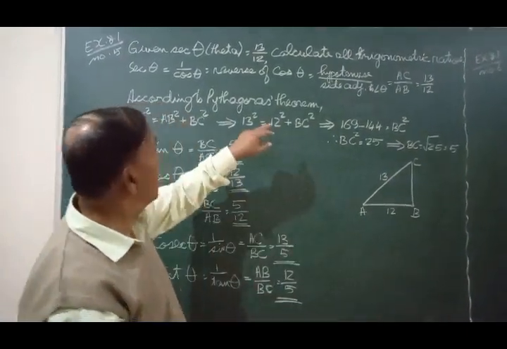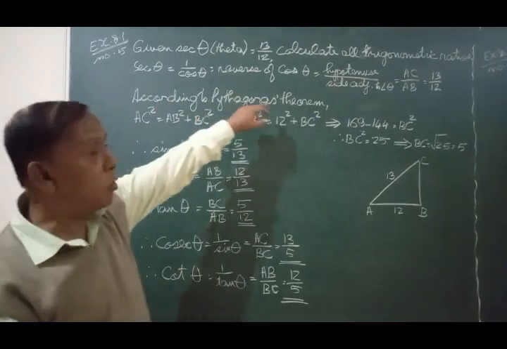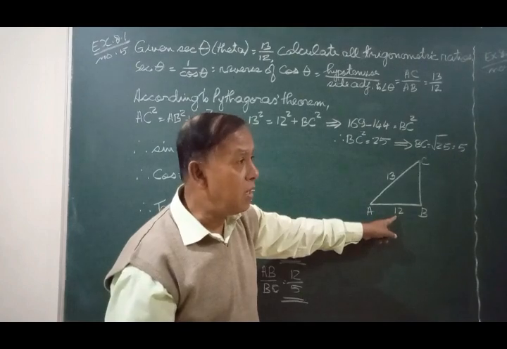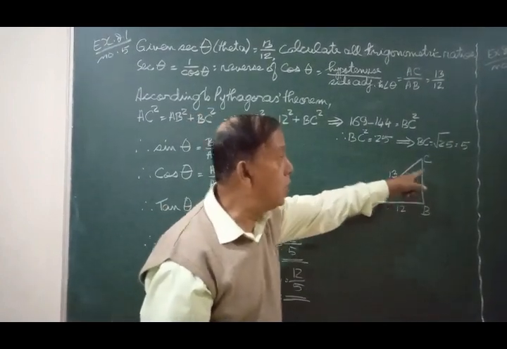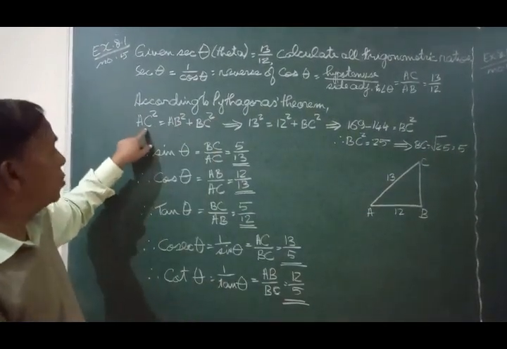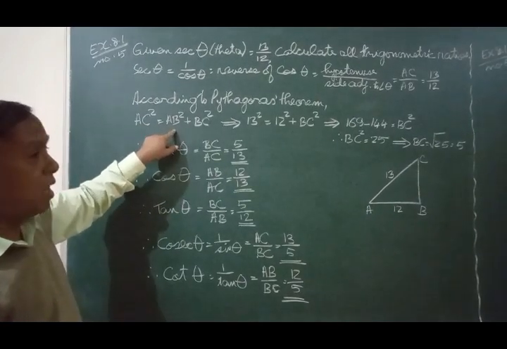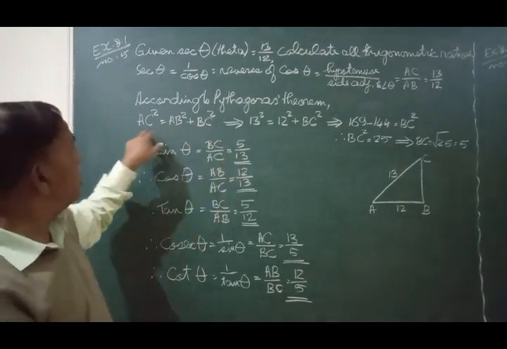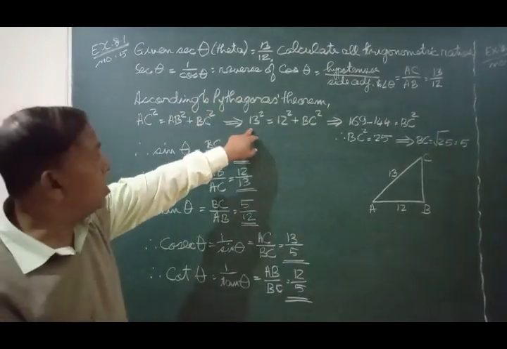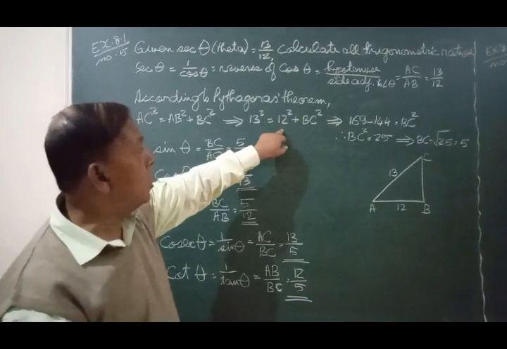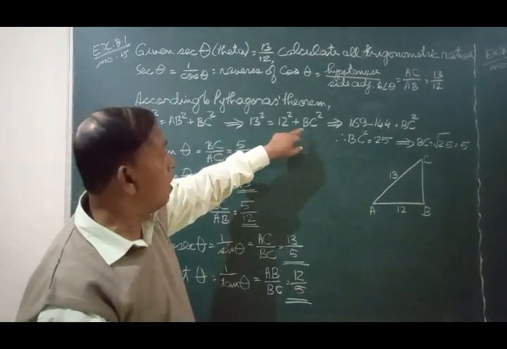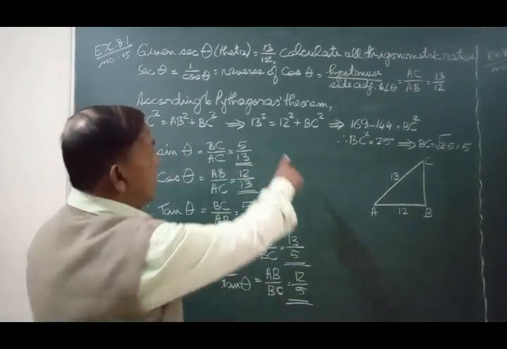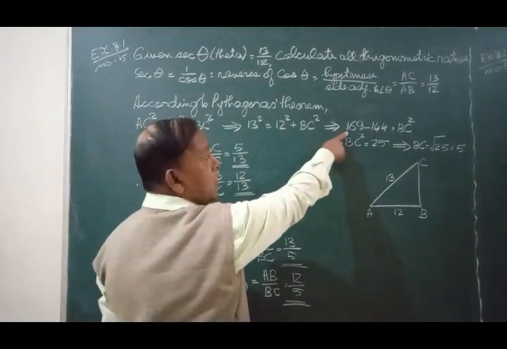Once again, according to Pythagoras theorem, hypotenuse squared is equal to side 1 squared plus side 2 squared. The hypotenuse is already given: 13 squared is equal to 12 squared plus BC squared, and BC is not given, so BC remains. 13 squared is 169.